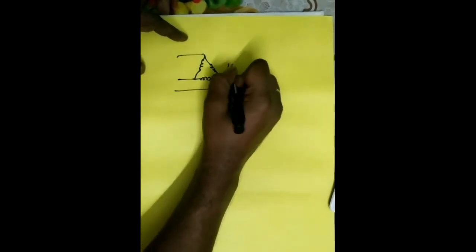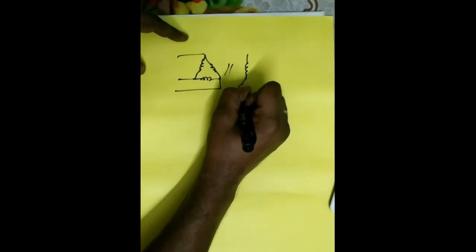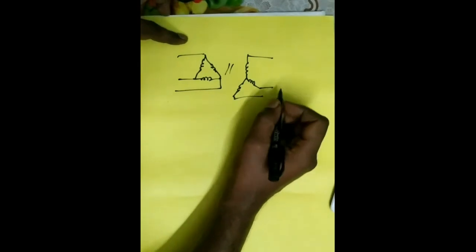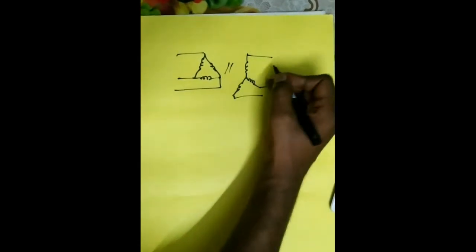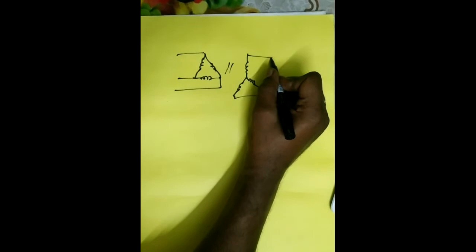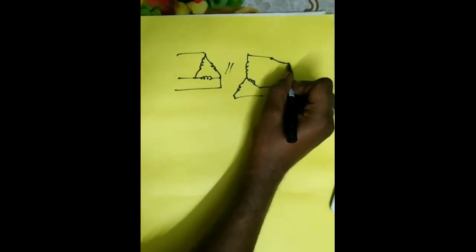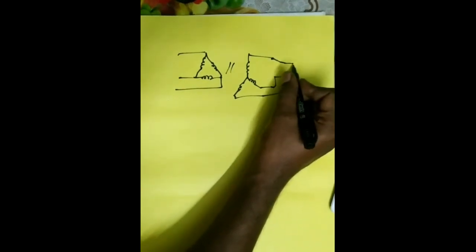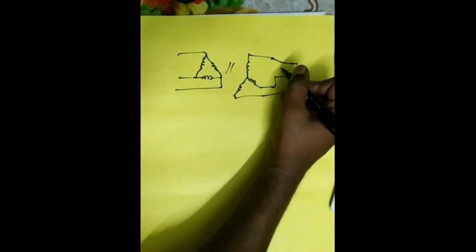But again, this is the transformer, star. If the secondary of the transformer is connected to a respective panel, it may be connected by cable or a bus duct.